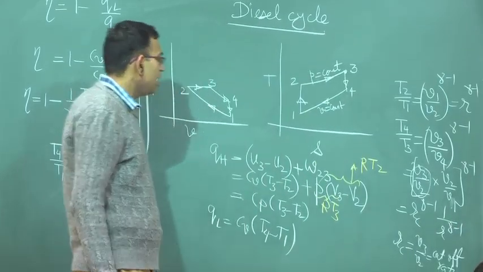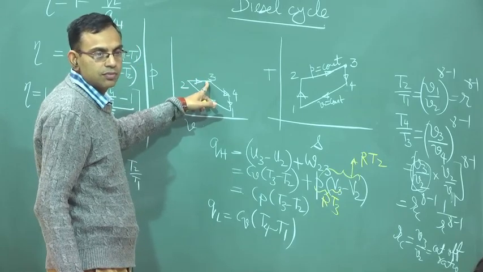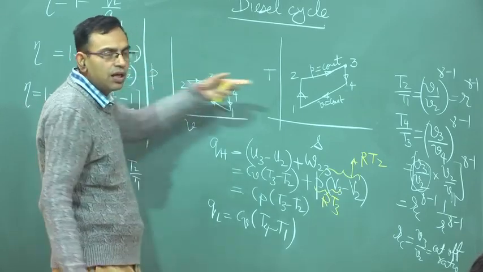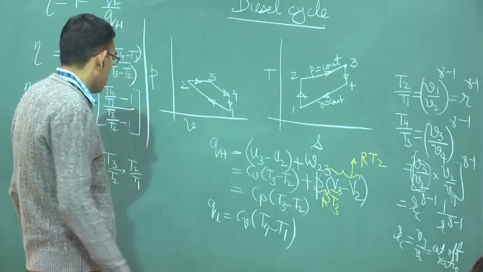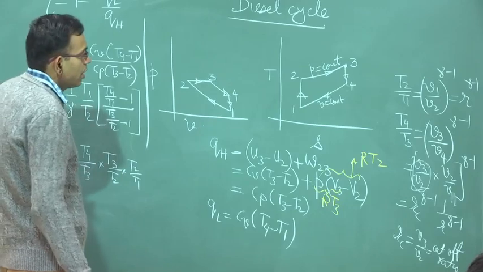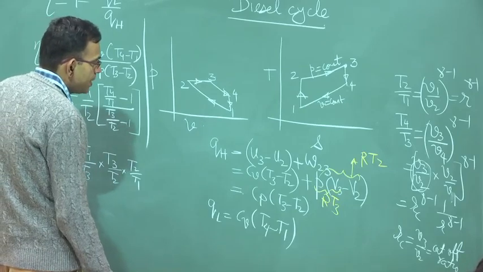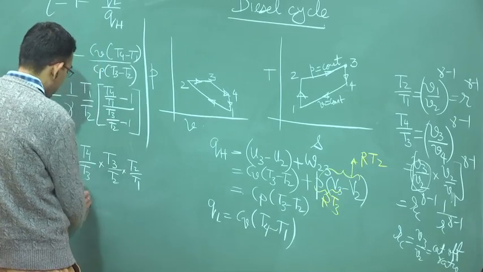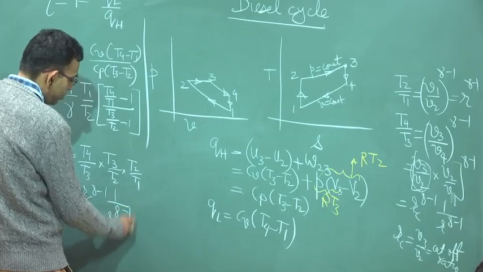Because this is the volume ratio at which the heat addition is cut off, otherwise you would have indefinitely continued. So then T4 by T3 is RC to the power gamma minus 1 into 1 by R to the power gamma minus 1.